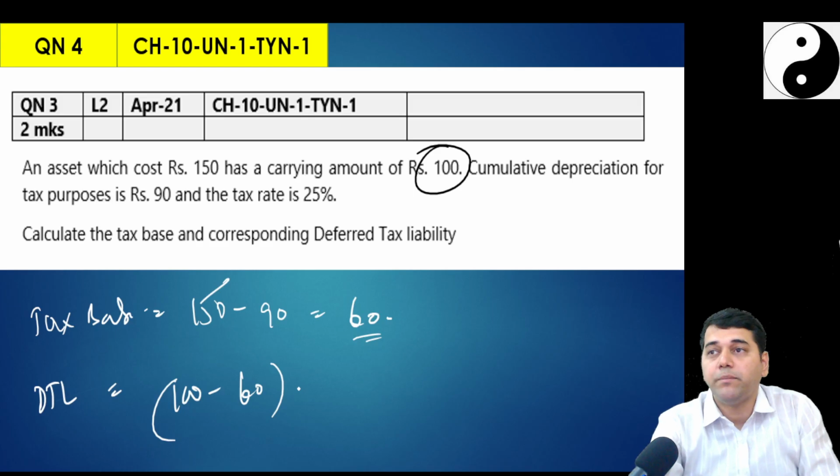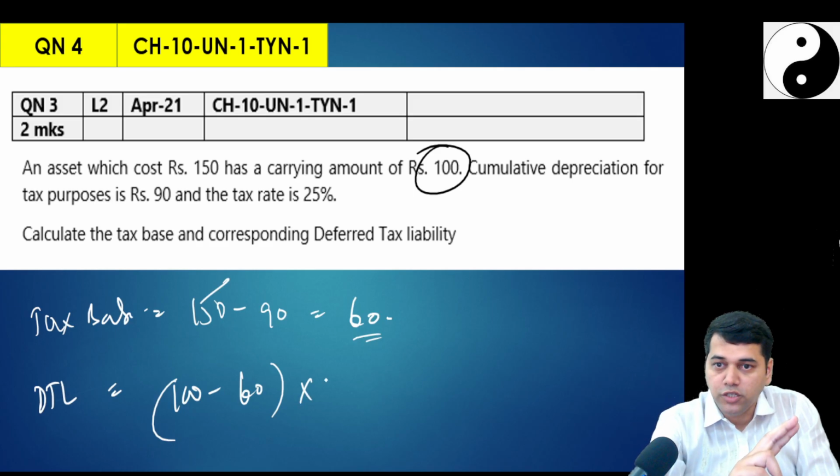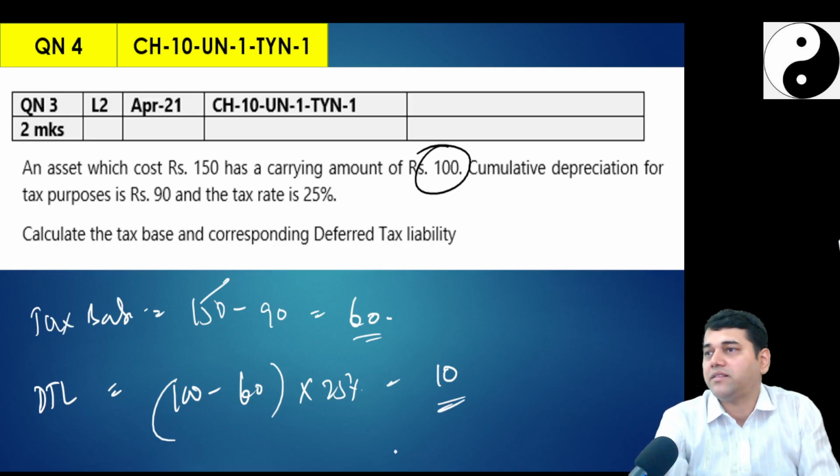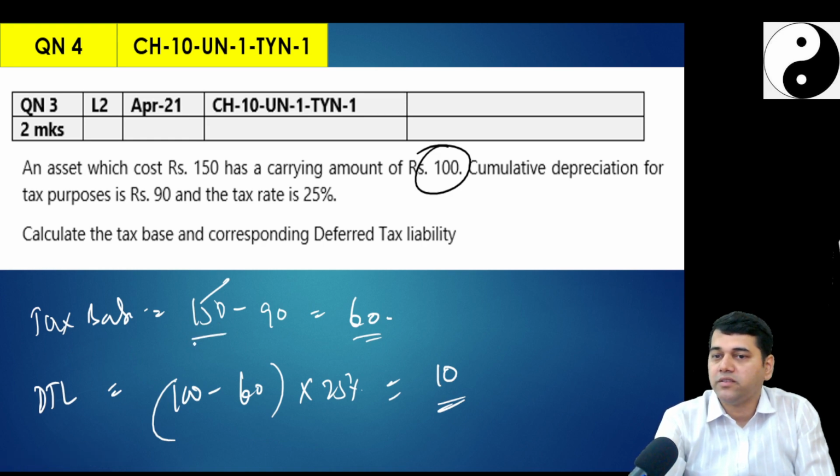This will give you a temporary difference. Since the book value is more than the tax base, into 25% gives you 10 rupees as the deferred tax liability. See, tax base is cost minus depreciation of the income tax, 90. You got 60 rupees as the tax base, correct?